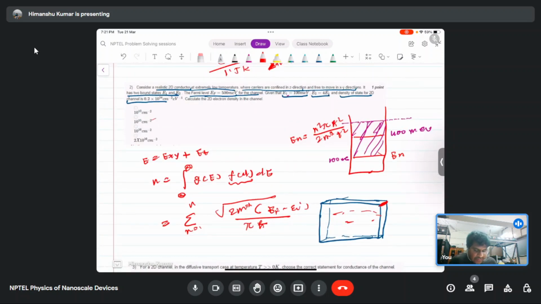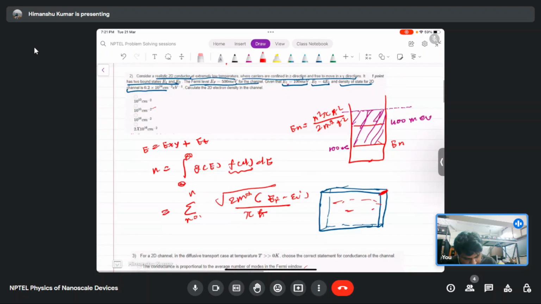If you put in the values of all these, you will find that the second answer is the correct answer. Is there any doubt related to this?